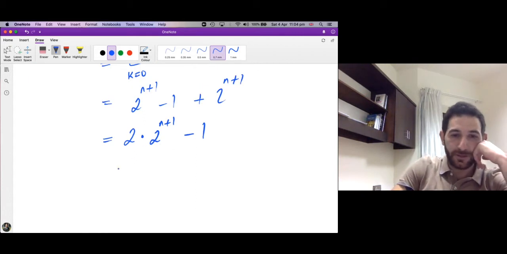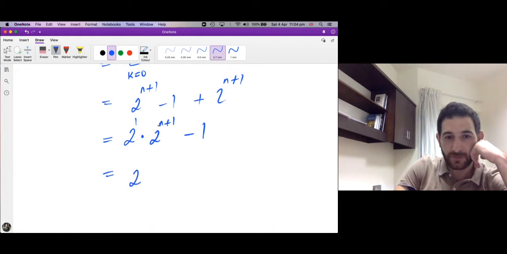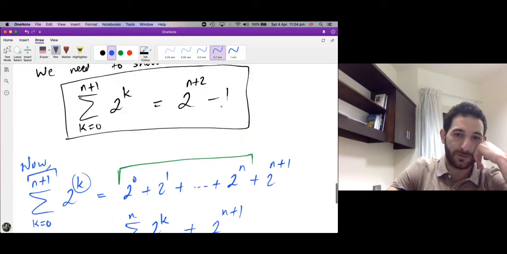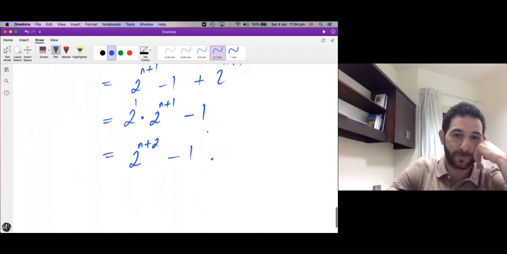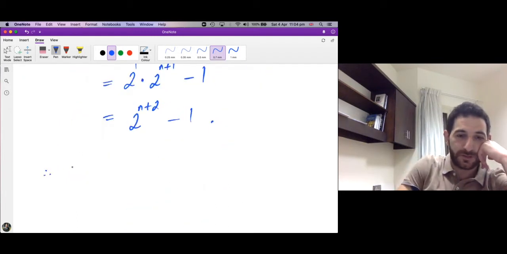And here we can add the exponents since we have the same base, so this is 2 to the power n plus 1 plus 1, so this is n plus 2 minus 1, and this is what we wanted to show. So this shows that P of n plus 1 is true.